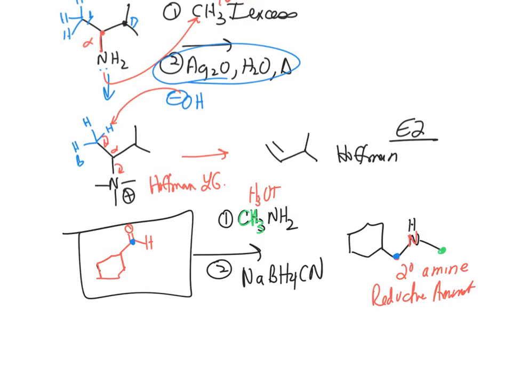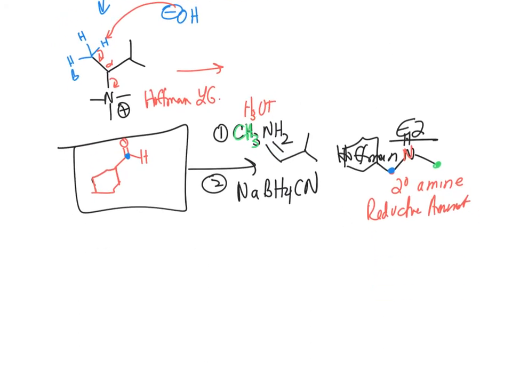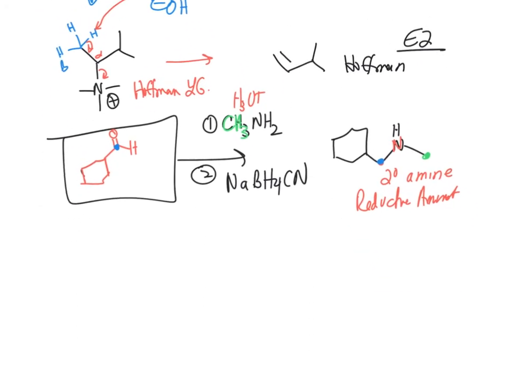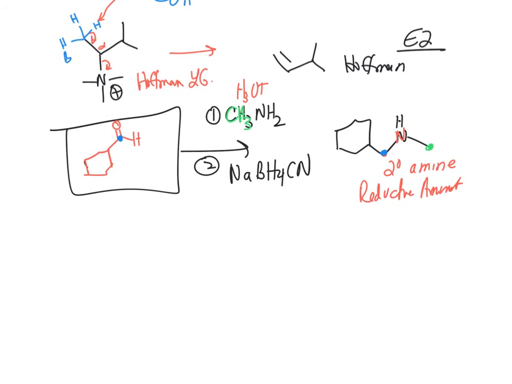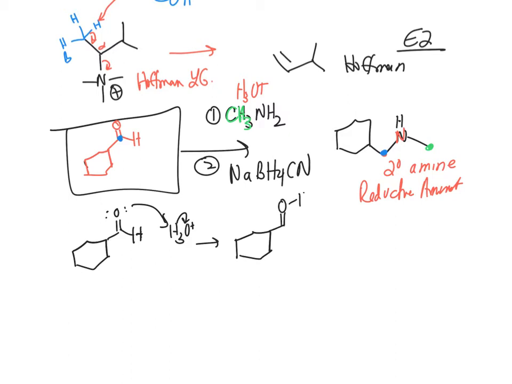Now, reductive amination, what's the mechanism on that? You make an amine. You did this with your ketone and aldehyde chapters. That's why you need a little bit of H3O plus, because this is a weak electrophile. Remember the carbonyls are weak electrophiles, so we've got to make them stronger electrophiles.